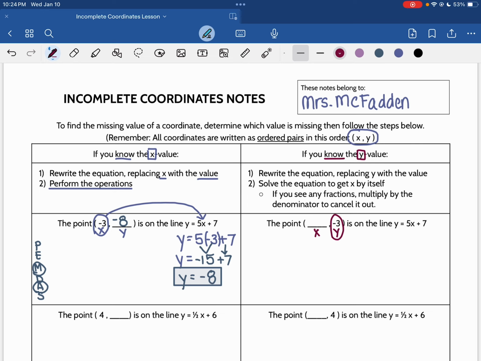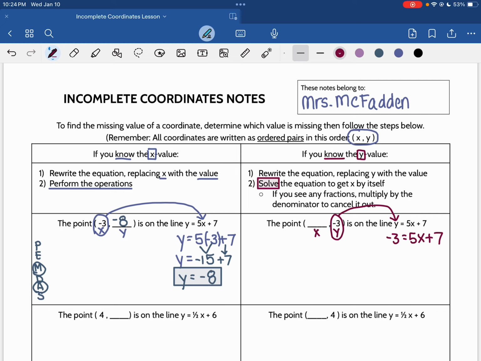Not only are we going to plug that in for the y value instead, but when I rewrite the equation, replacing the y with the value, the difference is that y was by itself on the other side, x is not by itself. So if you already know the y value, you are going to have to solve.